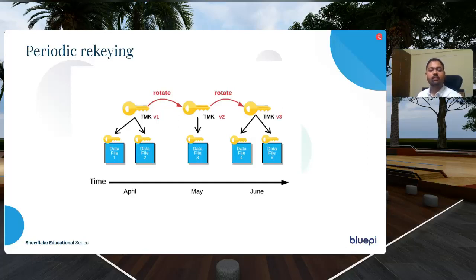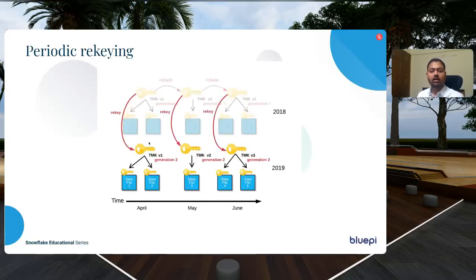In this way, Snowflake rotates the keys, but our cycle of rekeying doesn't end here. Snowflake automatically destroys the key once it is older than a year. As you can see, in 2018 we have some data which was encrypted using table master key version v1 in the month of April.